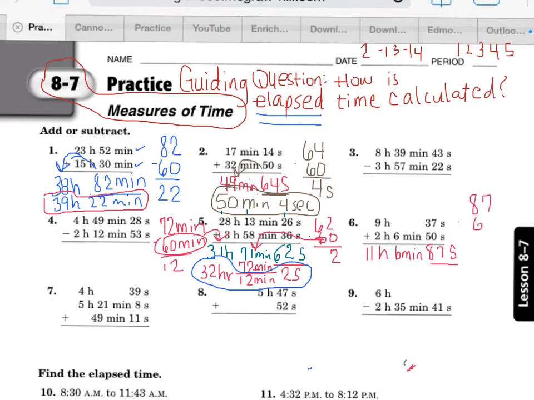You come over here and you subtract that. That is 27 seconds over a minute. So let's take that minute that it's over and add it on to here. Okay. And the seconds that were leftovers, we'll go right here, 27 seconds.